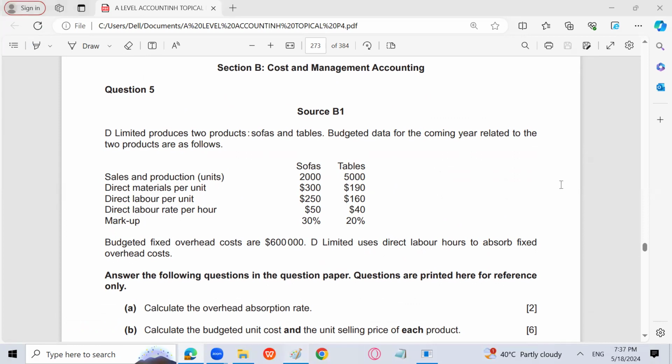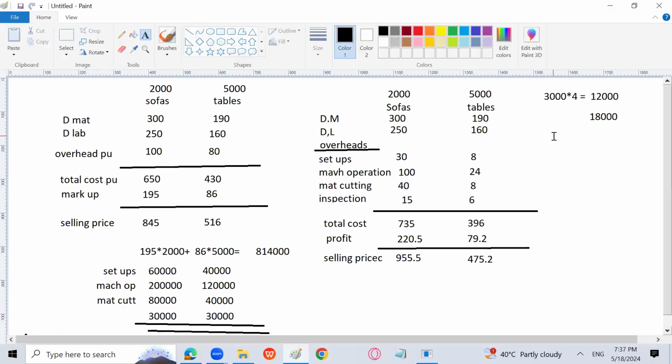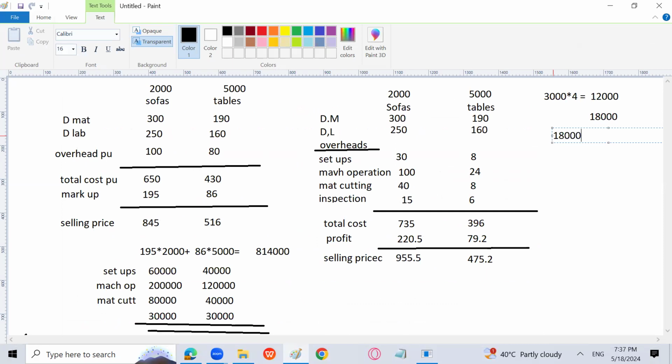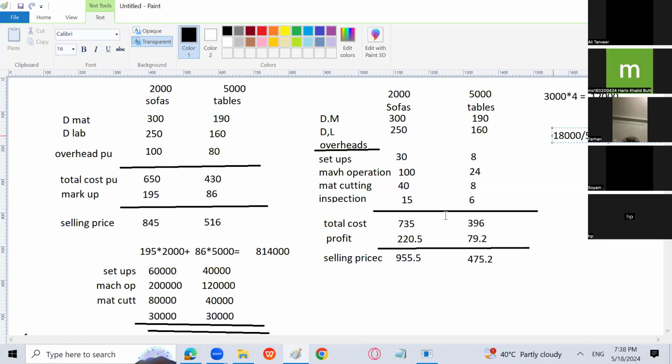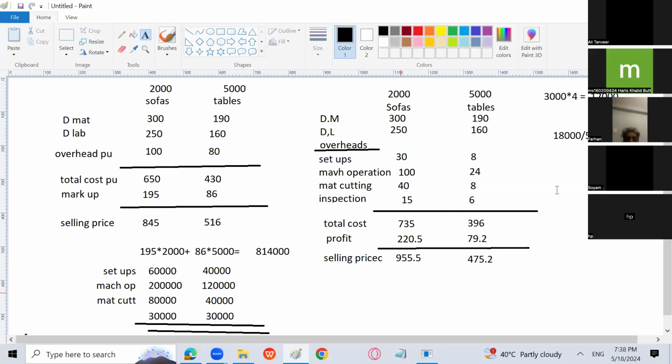And for a sofa, how many hours does it take to produce 1 unit? That is 5 hours. So if you divide 18,000 remaining hours by 5, you will get that many units you can produce for sofas. You can't produce more units for sofas. That is 3,600.